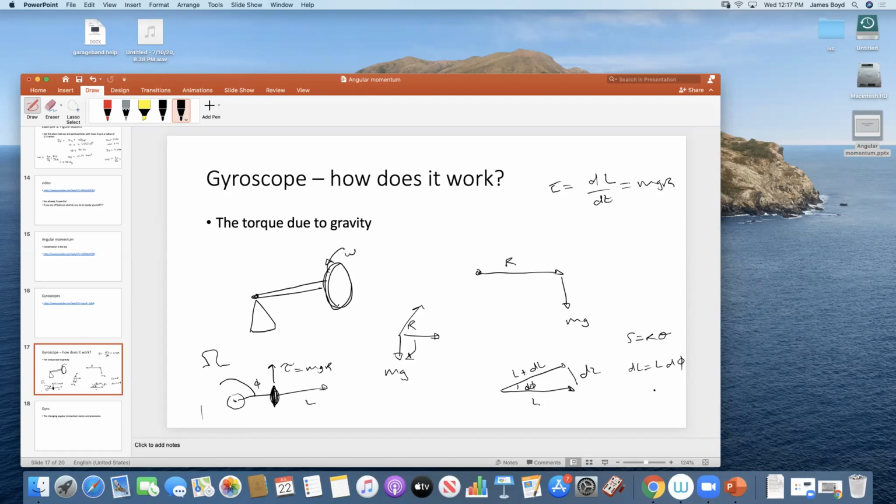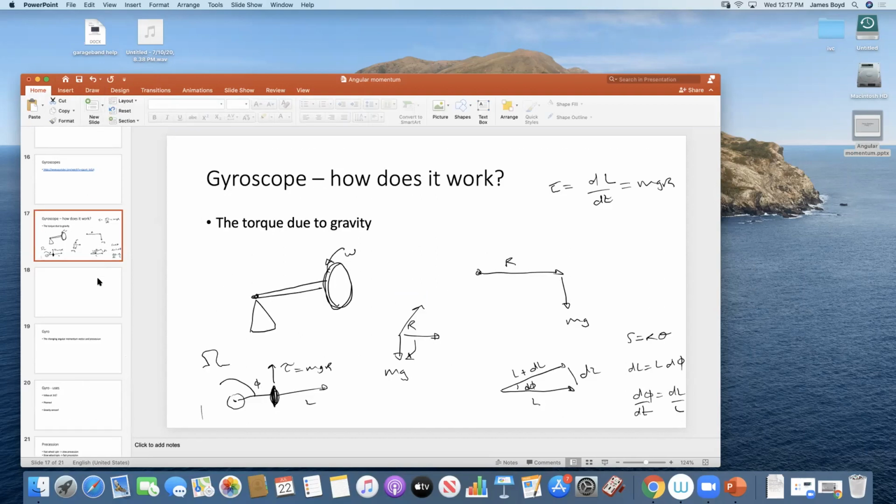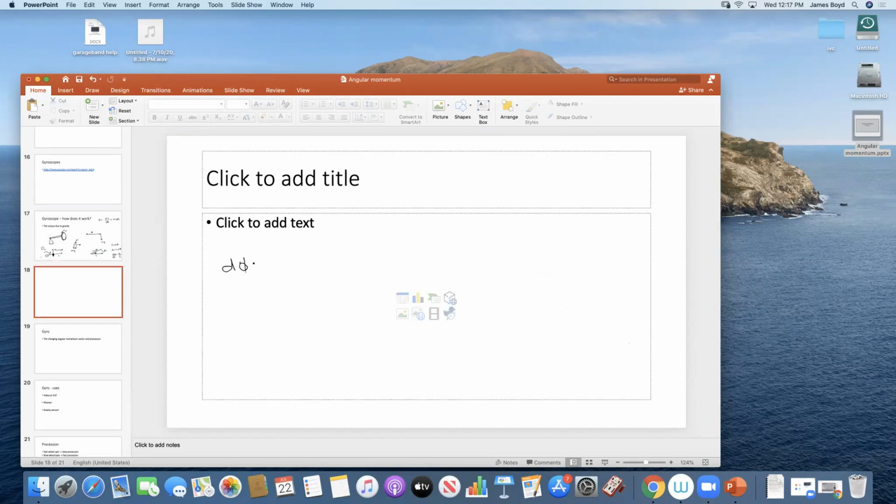Keep that in mind. Or d phi is dL over L. If I divide this by time, I'm going to do that on a different slide. So I have from here, d phi is dL over L. Remember that this is the precession angle, or how the whole thing spins around that pivot point.